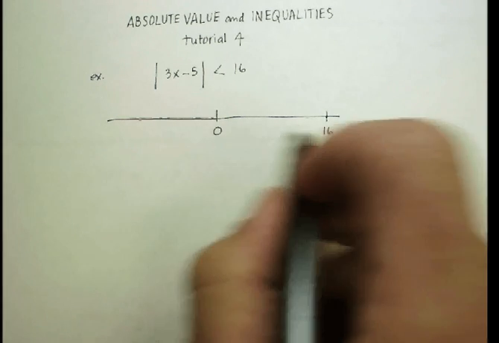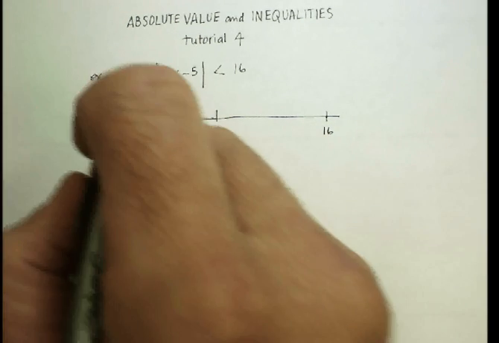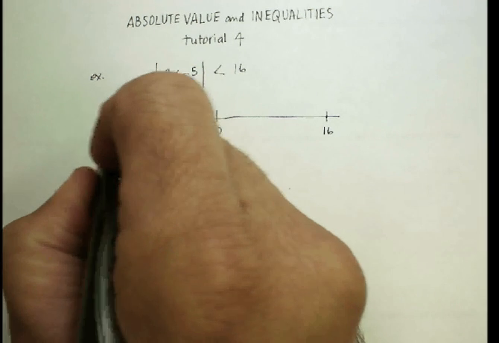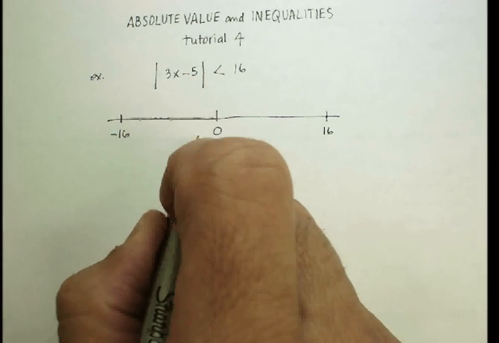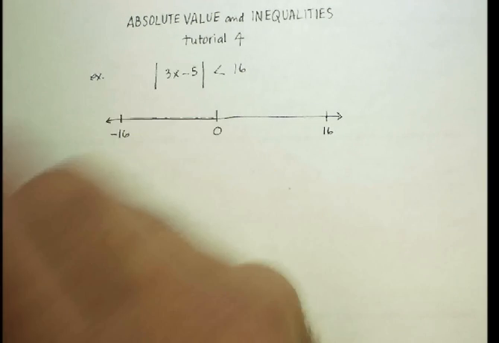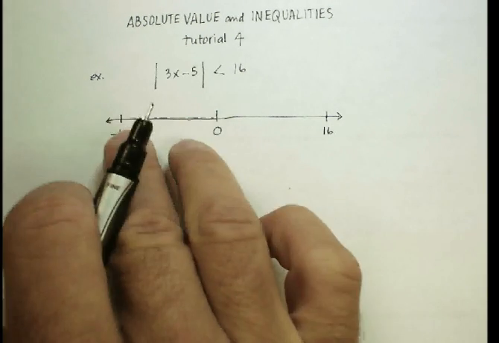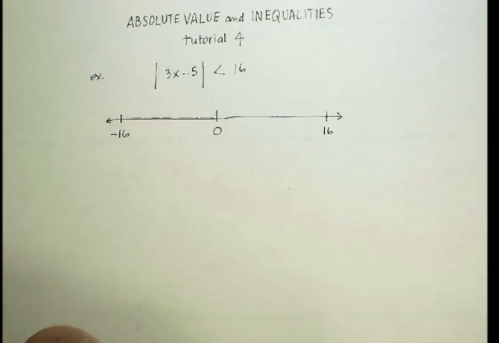And that would be 16 units away from 0. Now also remember that I have it on the opposite side. I can say negative 16 is also 16 units away from 0. So it's like you disregard whether it's plus or minus, right? You just want to go 16 units away from 0 on the number line.